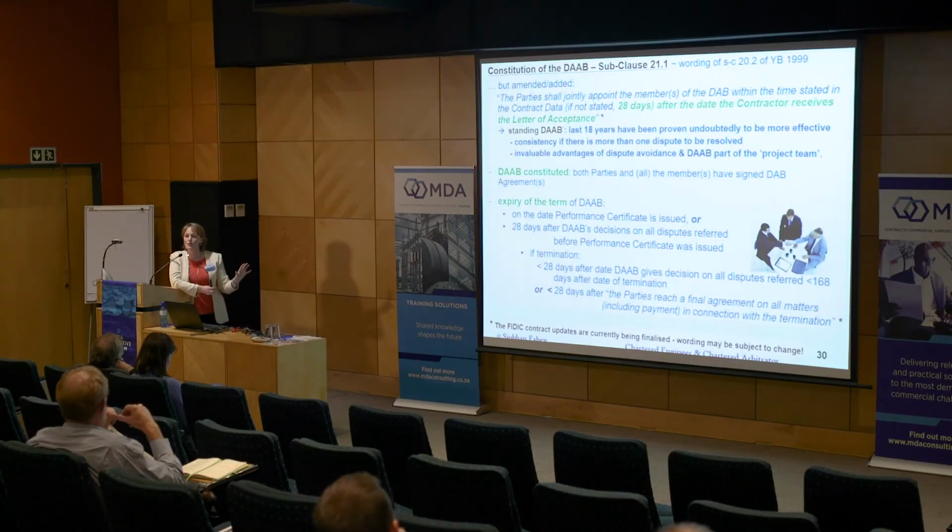So to close off all of that, we've basically got a lot more wording as regards how the DAB members are going to be appointed. What happens if one party, we don't mention the employer, but we just say one party, what happens if the employer doesn't sign the agreement? What happens if the amount that should be paid to the DAB isn't agreed?